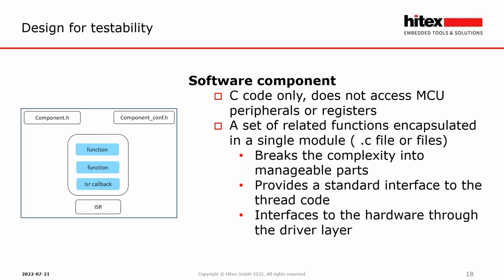So these are really like C libraries, so that we're placing all of the code that relates to one particular area of functionality of our code into a module or small set of modules. So this means that the C code is isolated from other areas of our code, so we can very easily build up a test harness around it.